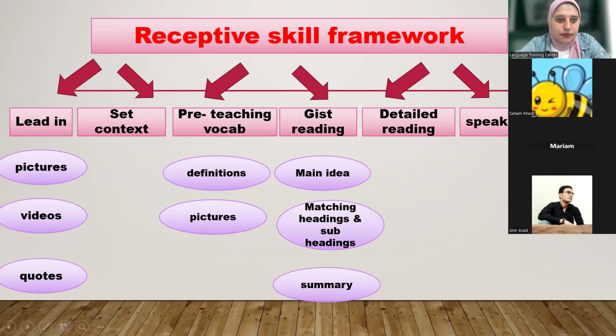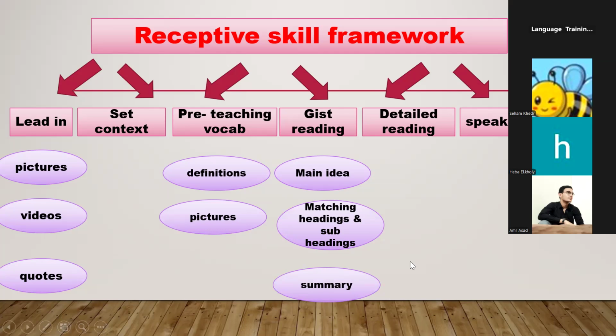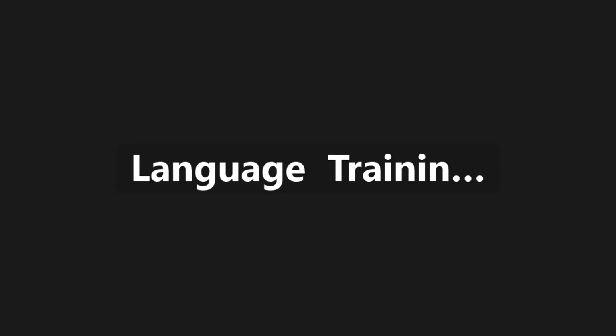For specific reading, we can say 4 or 5 questions. Complete or choose, maybe. Or maybe questions and they answer them. True or false, yes, perfect. It makes sense also. We can ask about the time, the date.